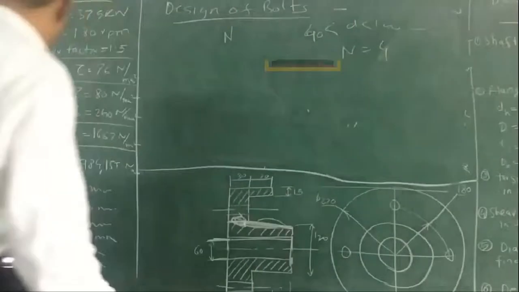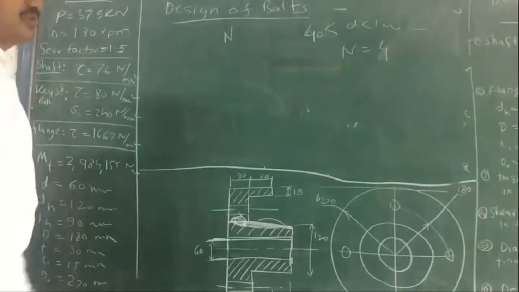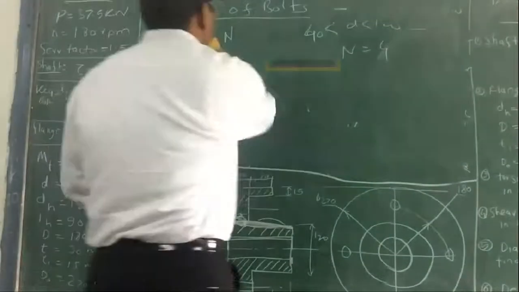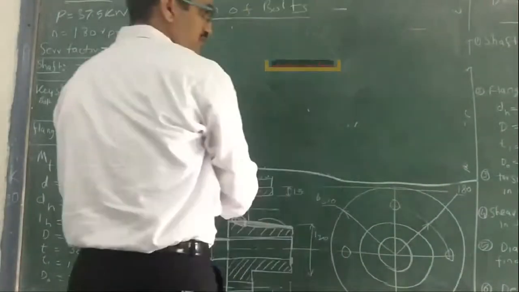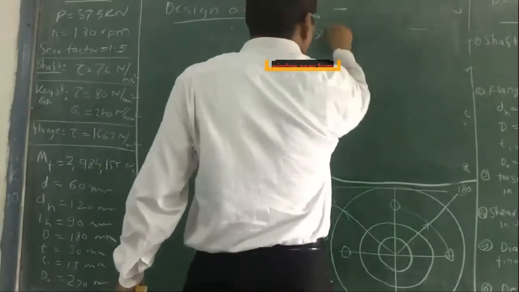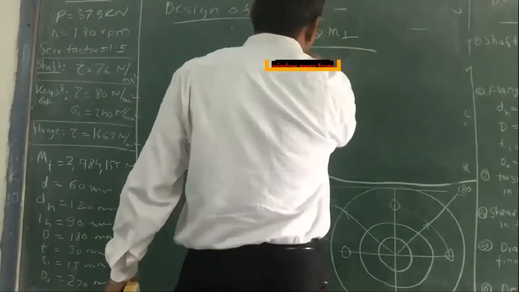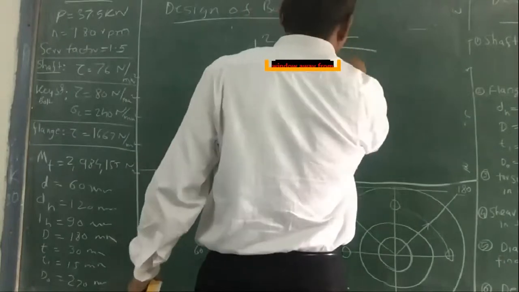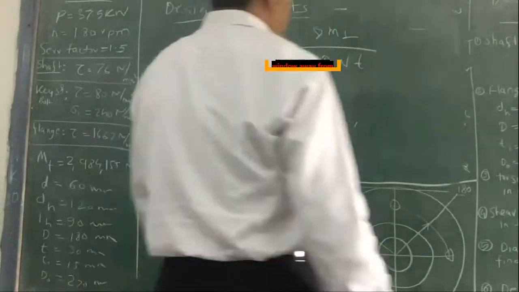So the number of bolts is 4, and we'll try to find out the diameter. d1 is the diameter of the bolt. d1 is equal to 8 MT upon 5 pi d n and tau.